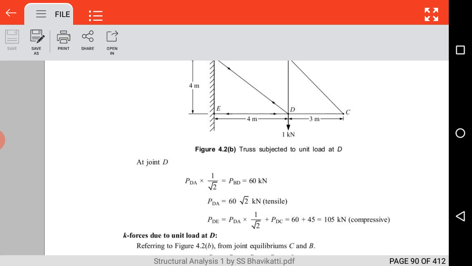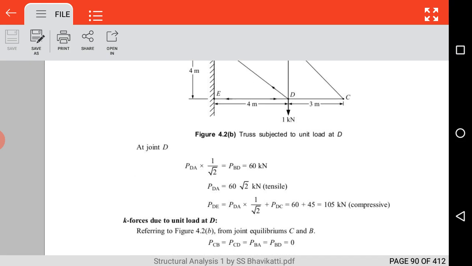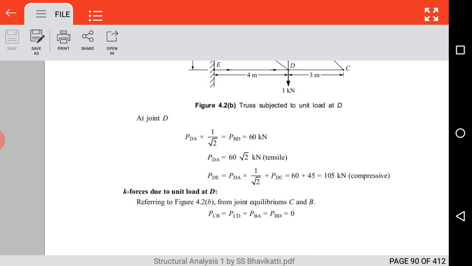So at the joint D, if we take the angles and resolve them, we find that the force in DE will be 105 kilonewton and the force in the member DA is equal to 16 root 2 kilonewton. So these are the K forces due to the unit load at the point D.